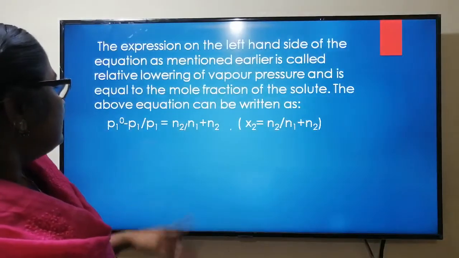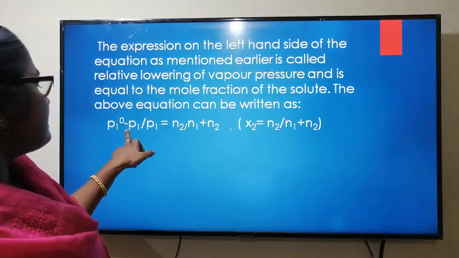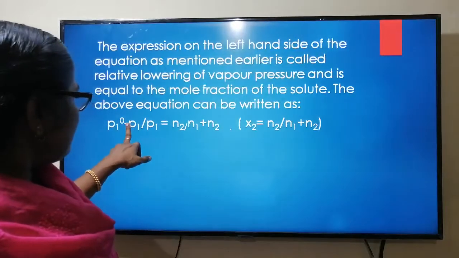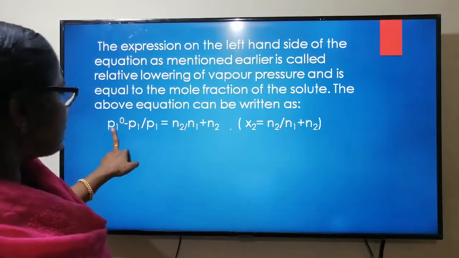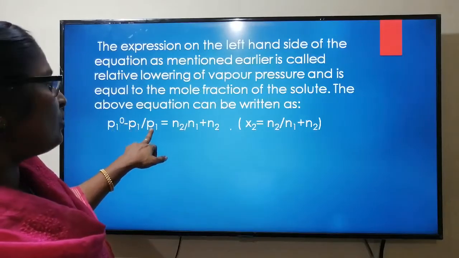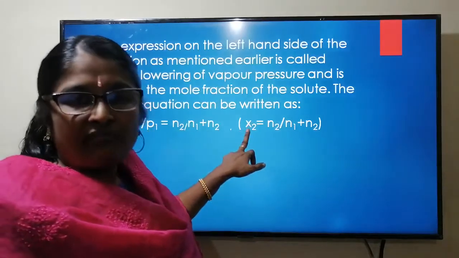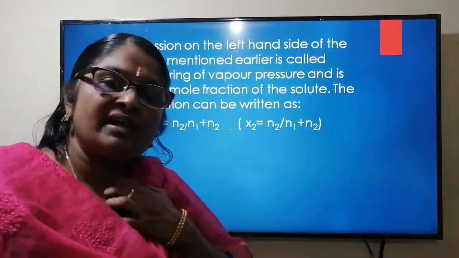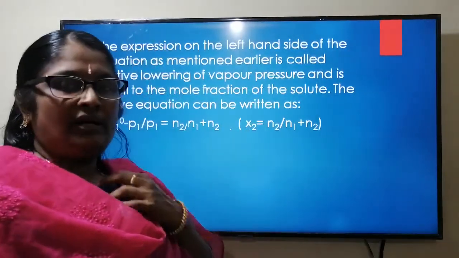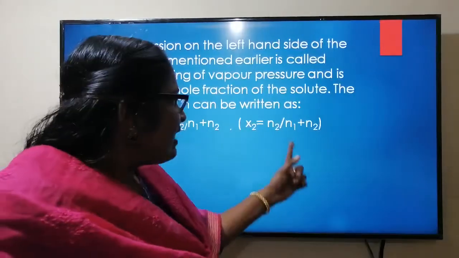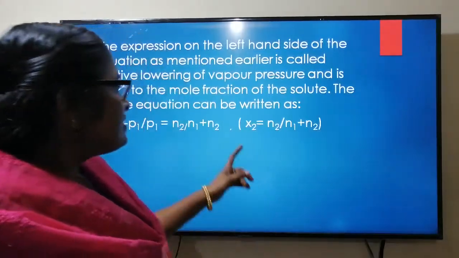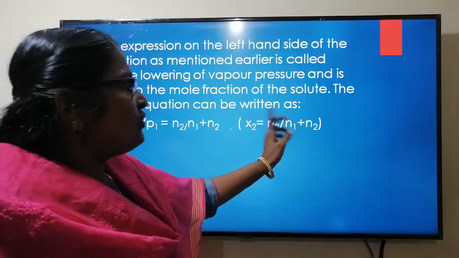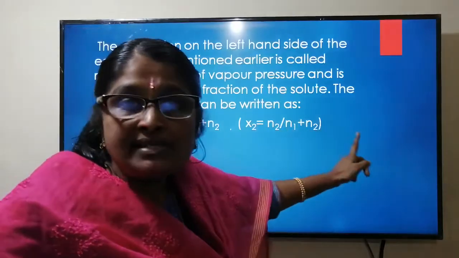Then one more form: delta P1 by P10, or P10 minus P1 by P10, is equal to X2, that we got. So X2 means mole fraction. What is mole fraction? It is the number of particles of that component divided by the total number of particles. So X2 is equal to N2 divided by N1 plus N2.